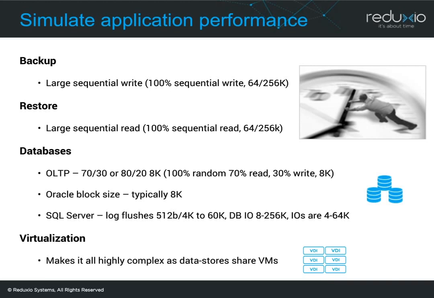Restore, the entire opposite, is a large sequential read. Obviously, it's an uncached read. If my system has 16 gigabytes of cache, probably I'm backing up terabytes of data. I'm not backing up just the 16 gigabytes. So I actually have to read a lot of data during the benchmark to represent a real restore scenario.